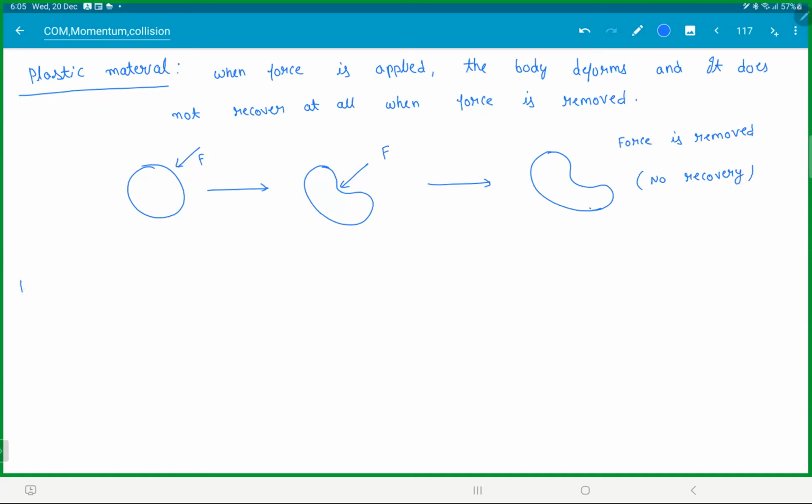The second type of materials are called elastic materials. These materials deform when force is applied, and when force is removed, they recover completely.